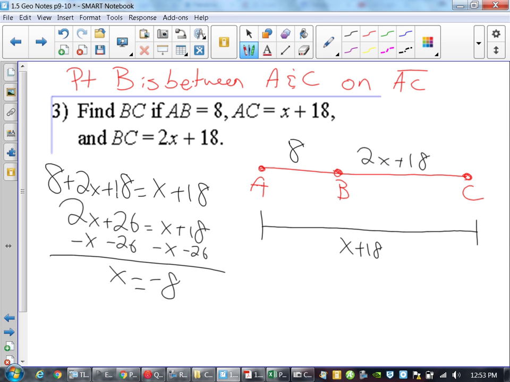What? Wait a second. Can you get a negative number for an x? Yes. Because are the segments negative? Value okay for negative. Because if you substitute back in, what's negative 8 plus 18? It's 10. Well, if I substitute here, we should double check, make sure that if this much is 8, this much should be equal to 2 then.